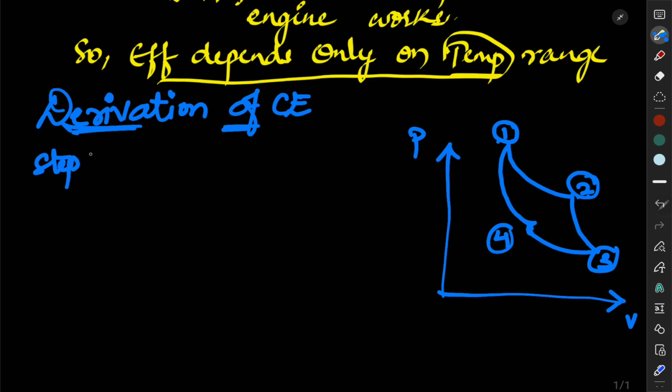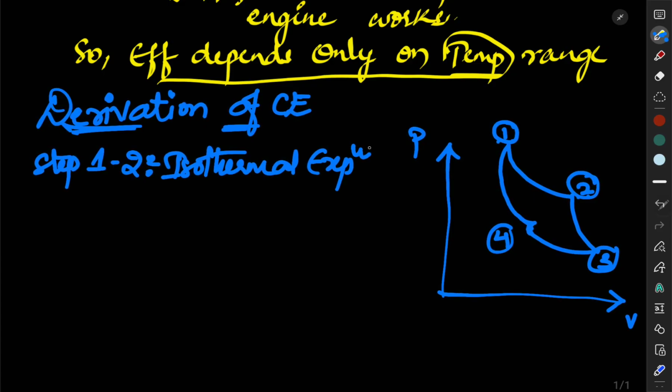At 1, or let us take it as A, the pressure is P1, volume is V1 and temperature is T1.